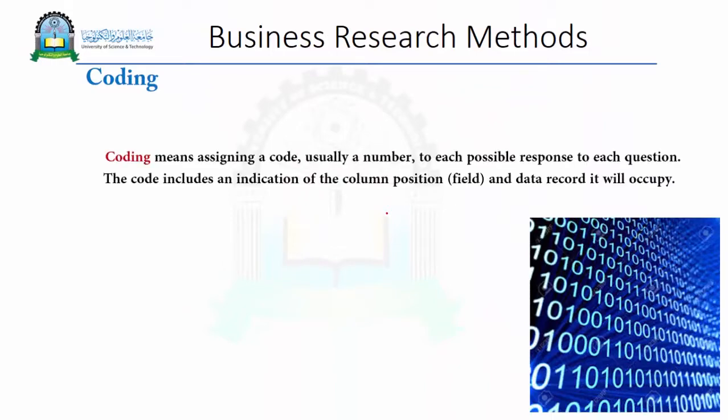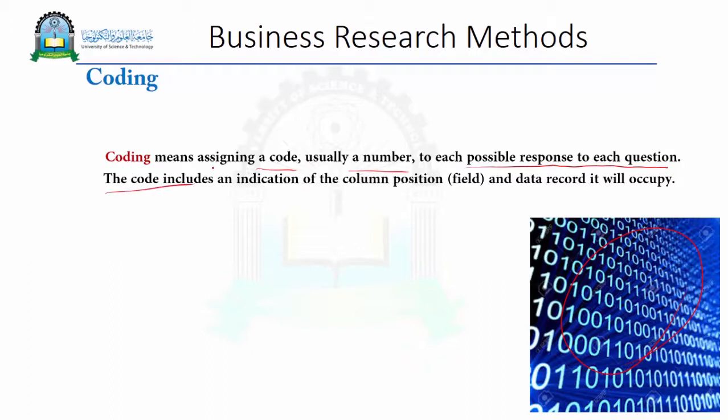After that, we need to code the questions and the variables inside the questionnaires. As we say, all these statistical programs are numerical and deal only with numbers, so coding means assigning a code, usually a number, to each possible response to each question.